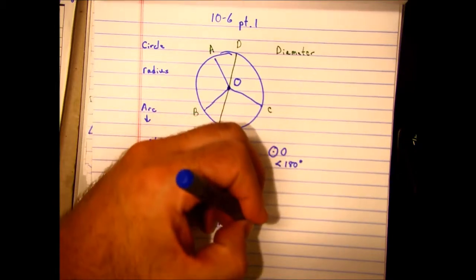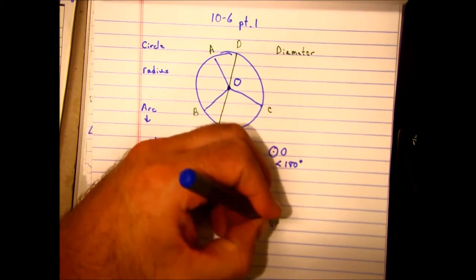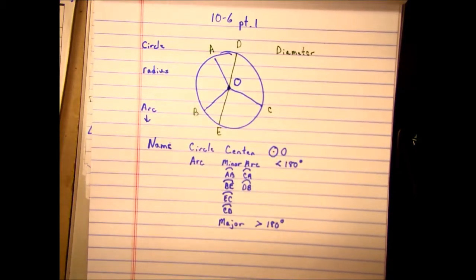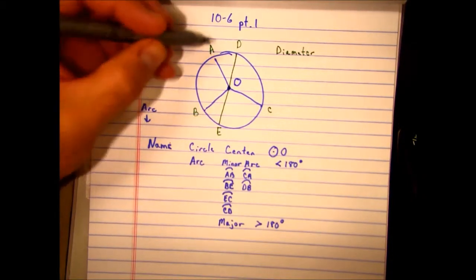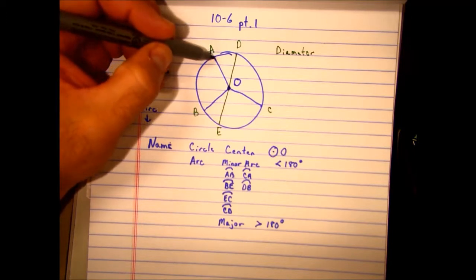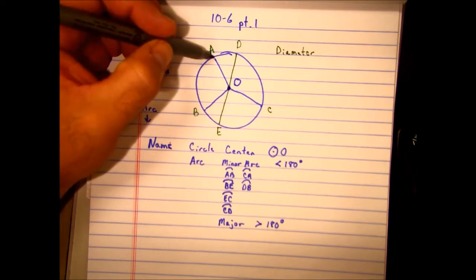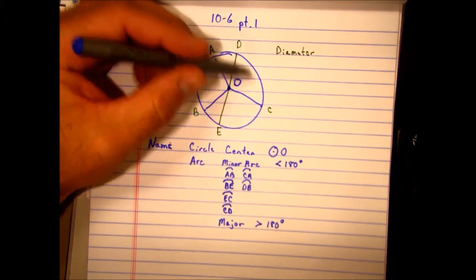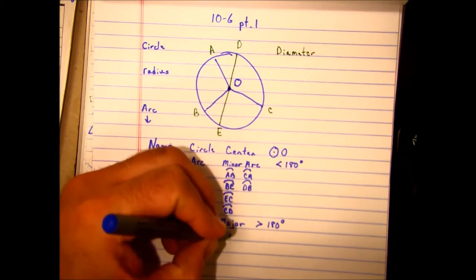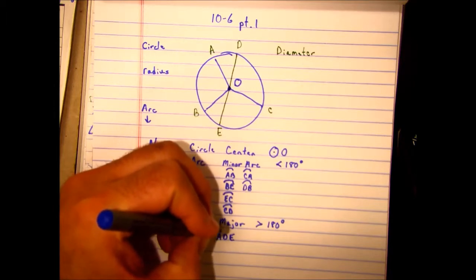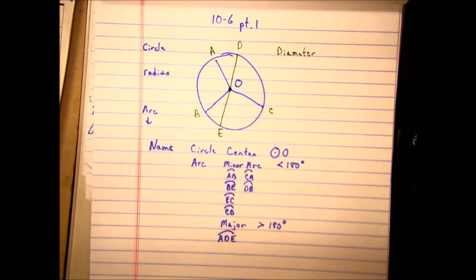A major arc is greater than 180, meaning I have to go past half the circle. So in a major arc, we use three letters. That tells us we're going past half the circle. For example, I could say A, D, E. Because I use three letters, it's telling me it's bigger than 180 degrees.